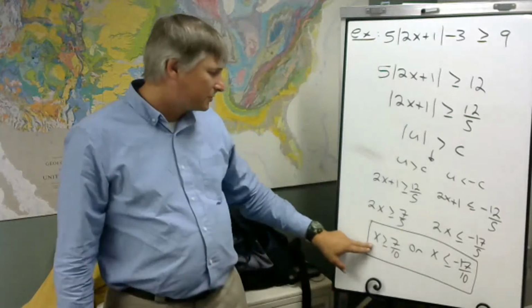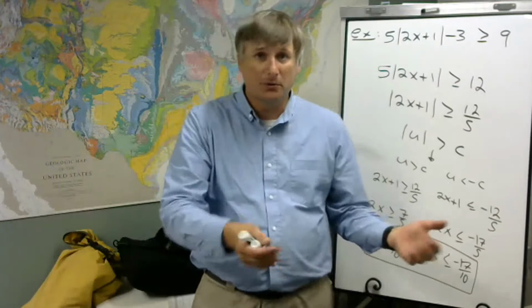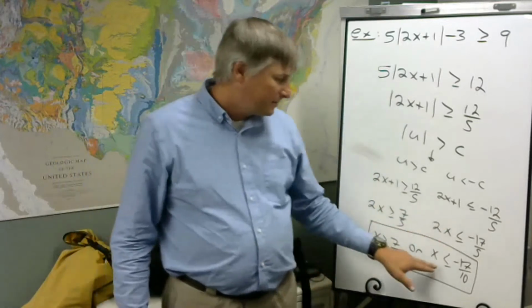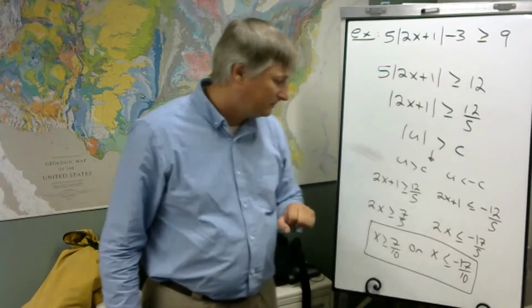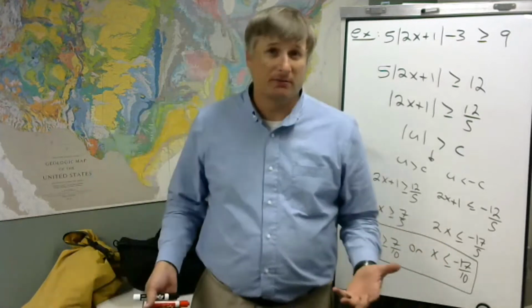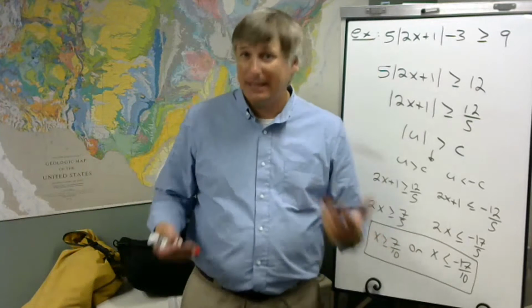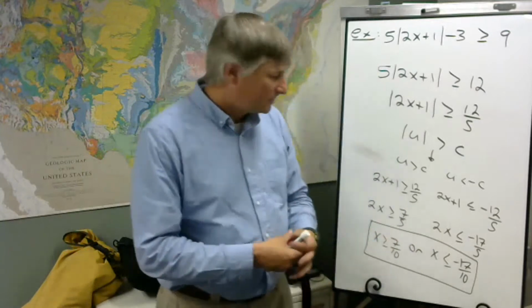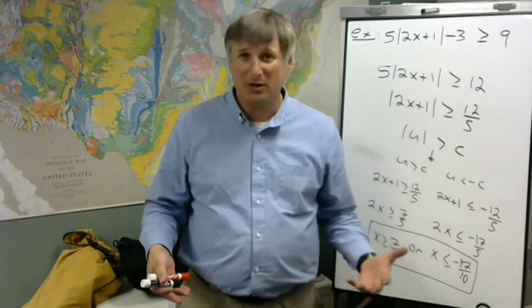For example, 100 is greater than 7/10. So 100 would be part of our solution. In this case, negative 100 is less than negative 17/10. That would also be part of our solution. So we'd have 100 and a negative 100 in our solution set. So this is an or, a union, where the and was an intersection.